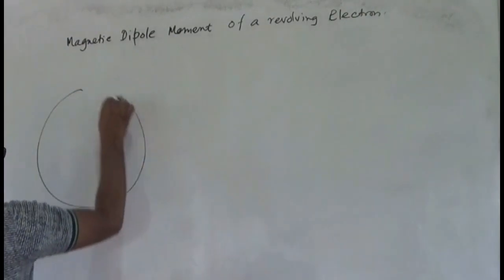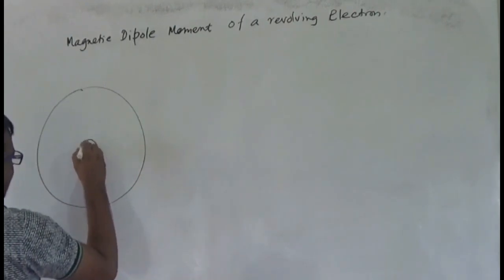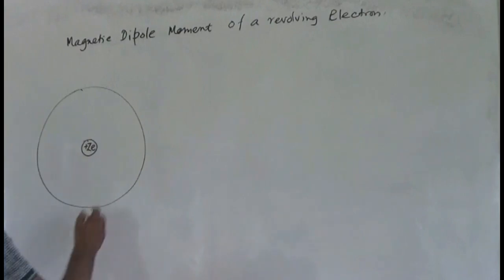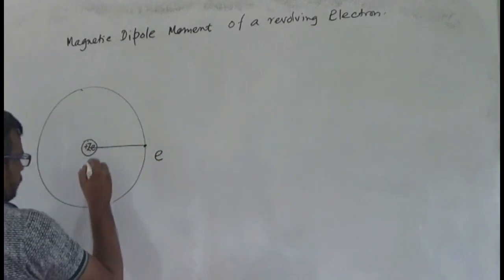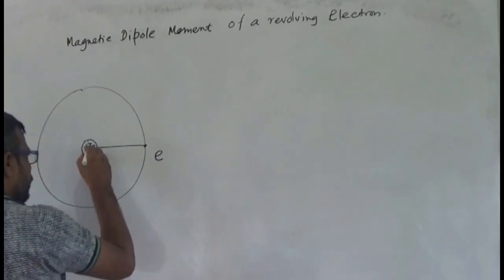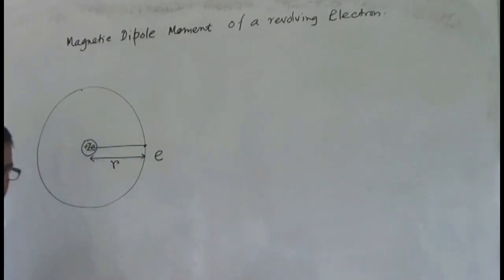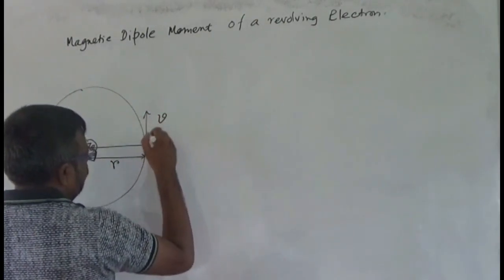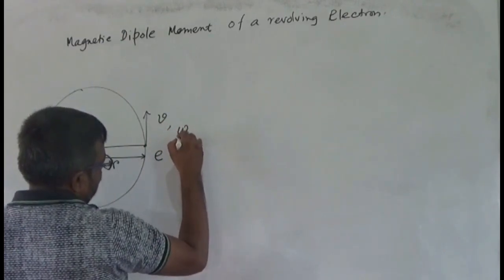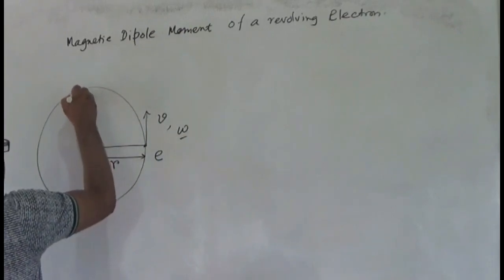Let us say here is the nucleus with Ze amount of positive charge, and an electron of charge e is revolving around this nucleus in a circular orbit of radius r with uniform speed v, or you can say uniform angular speed omega. In both cases you can derive the expression, v in anticlockwise direction, right?